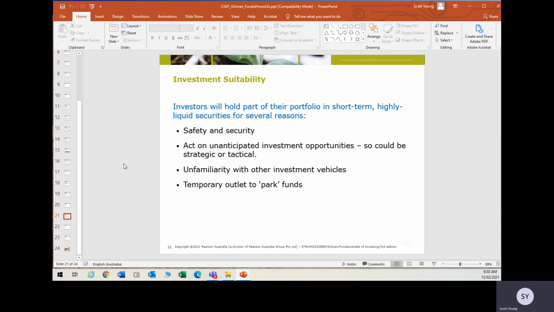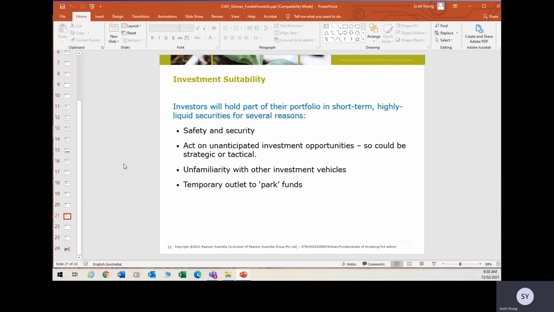Just very broad. Have a quick read there to take in the points in summary, so to speak. So investors most of the time will hold part of their portfolio short term. Now this could be 5%, could be 10%. Other times, if the stock market's in a bear run or crashing, it might be 30, 40%.